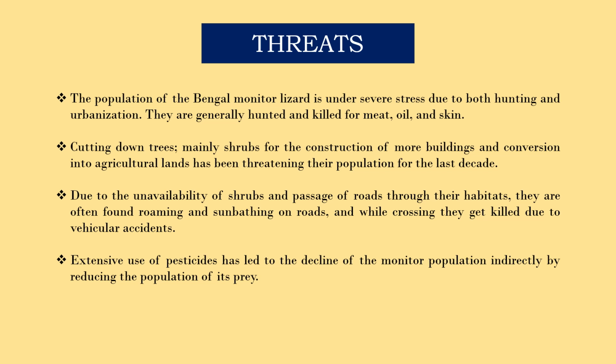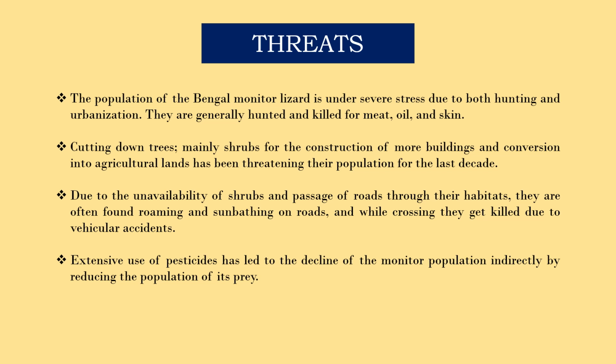And the extensive use of pesticides is also a factor in the decline of their population, because the pesticides reduce their prey population, because the prey doesn't get an adequate amount of food plants to keep themselves alive.